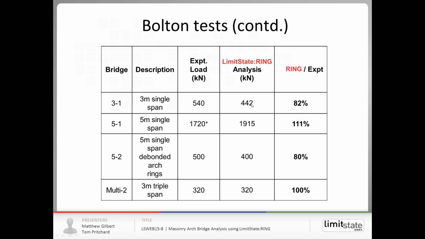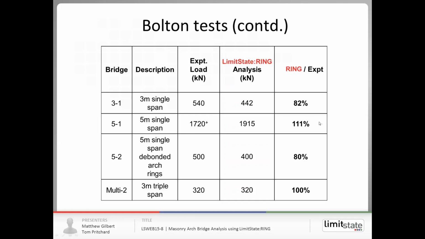For 3-1, the Ring analysis is 82% of the experimental load. 5-2 is also 80%, multi-2 is 100%. So bang on in terms of the analysis versus the experimental result.